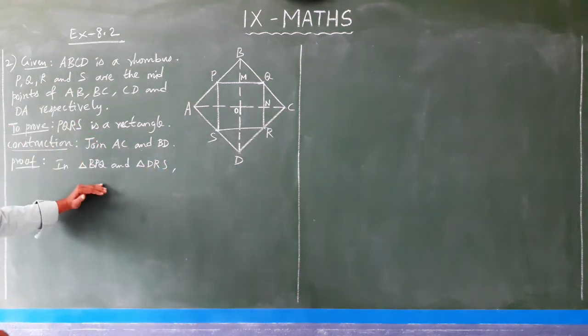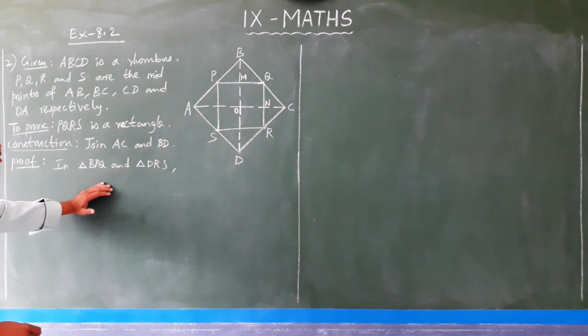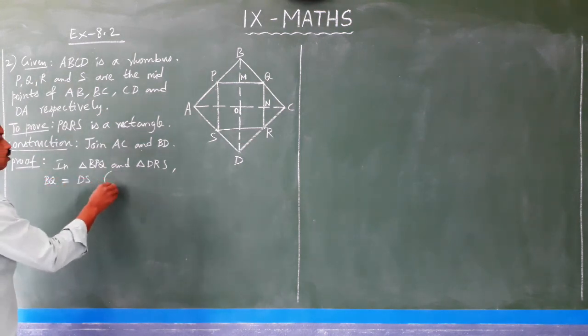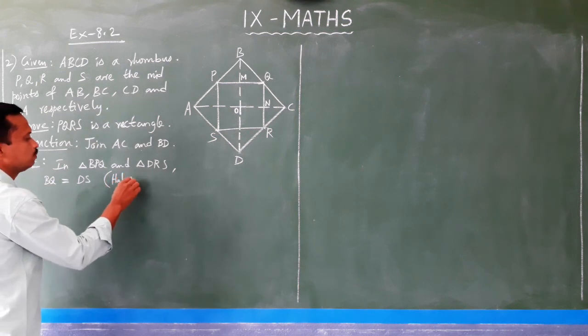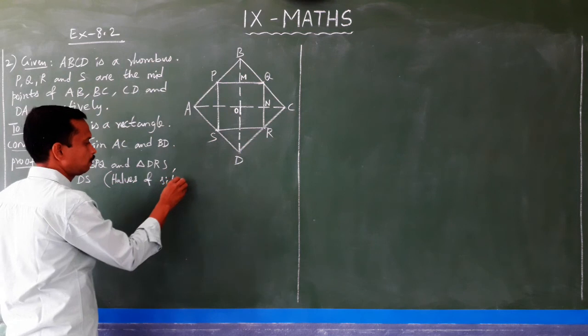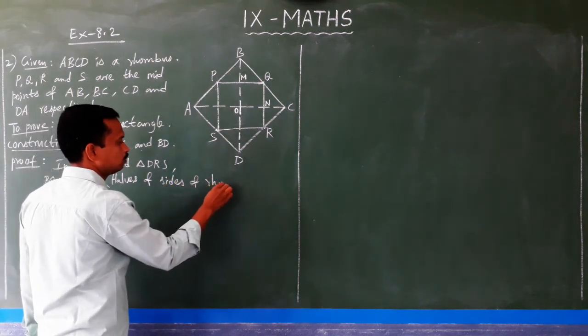We just prove they are congruent. First, BQ is equal to DS, half of the sides of the rhombus.